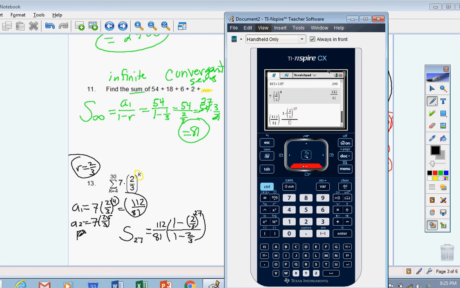Then down here I'm going to say, because I'm getting lazy, 1/3, because 1 minus 2/3 has got to be 1/3.